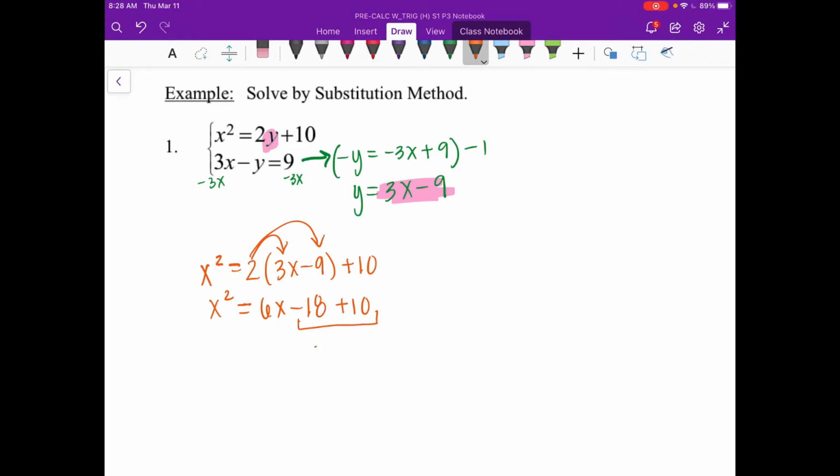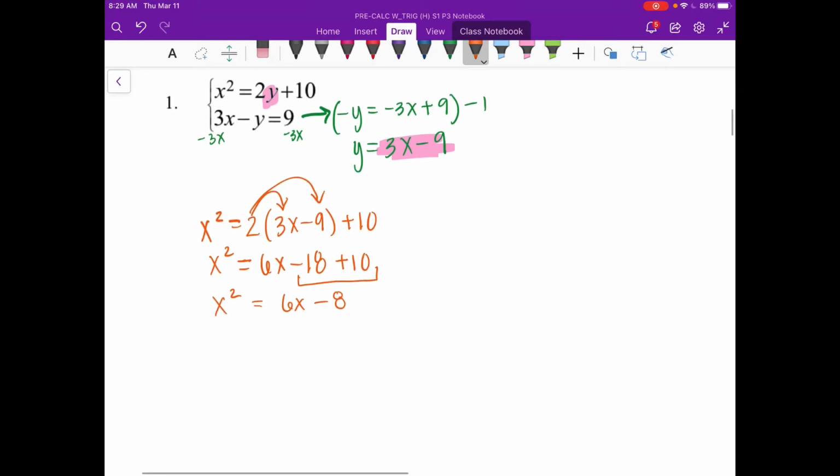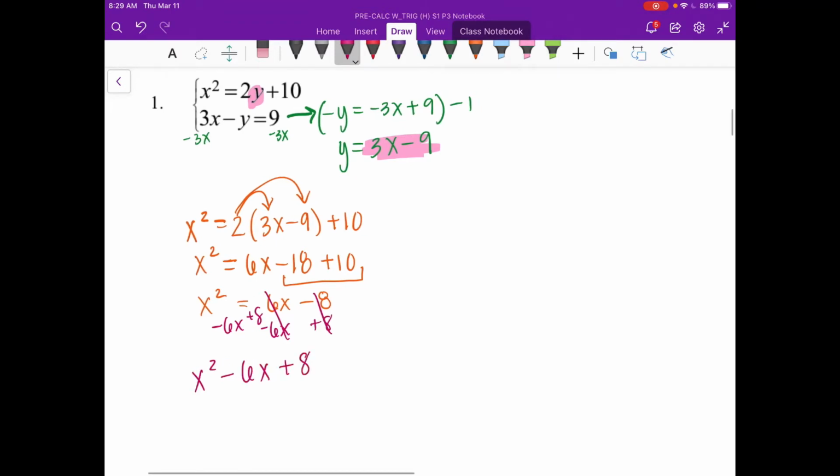Negative 18 plus 10 is negative 8. I have the 6x and the x squared here. So I'm going to move everything to one side, and I like to keep my x squared positive, so I'm going to move the 6x. And I'm going to move the 8 as well. That gives me x squared minus 6x plus 8 equals 0.